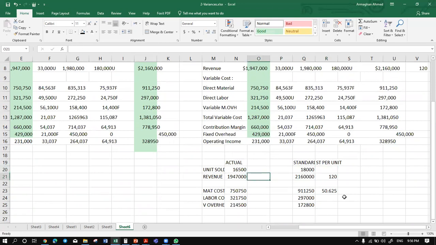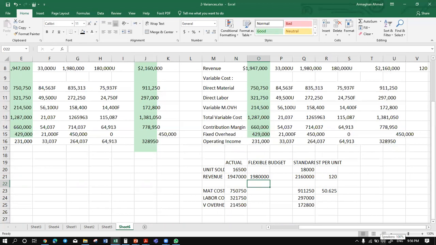Now we have done per unit. With that you will calculate the flexible budget. How can you calculate flexible budget? Simply actual units into standard rate. Actual units are 16,500 multiplied by standard rate 120.